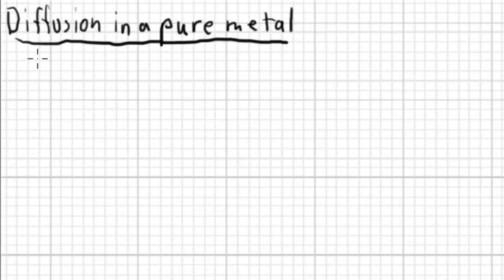The question we have gives us the pre-exponential and the activation energy for the diffusion of iron in cobalt. So let's just write down what we've got and then we'll see where we're going with this.